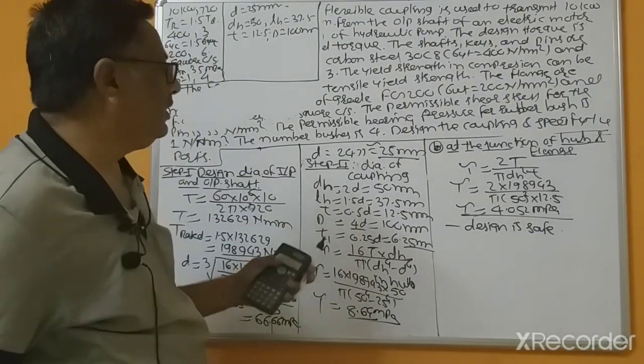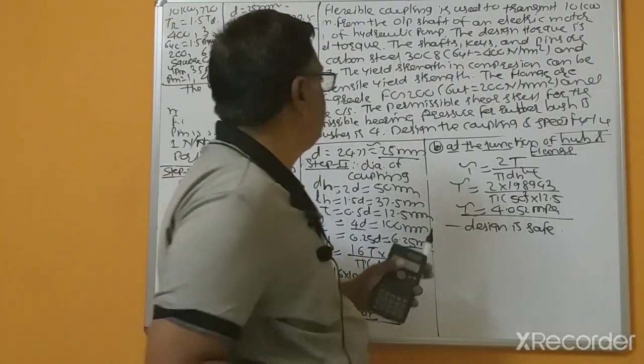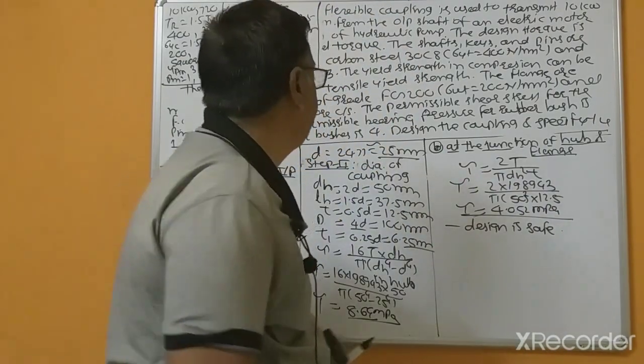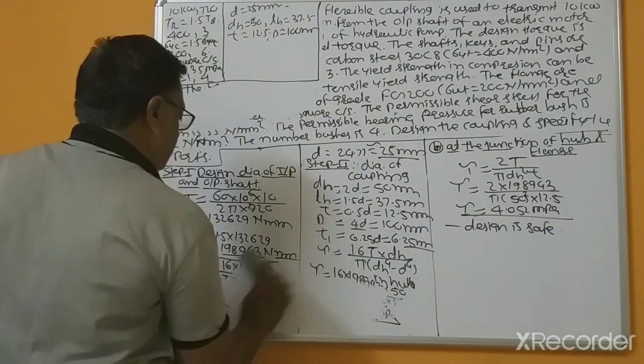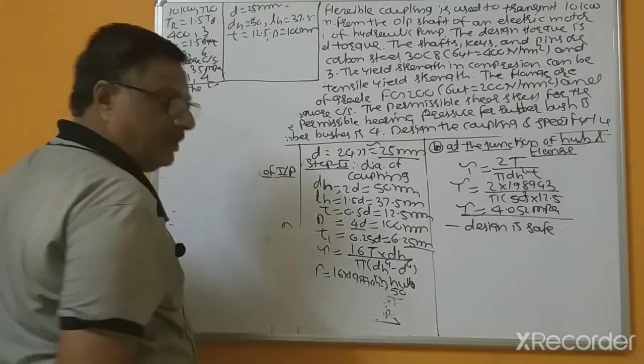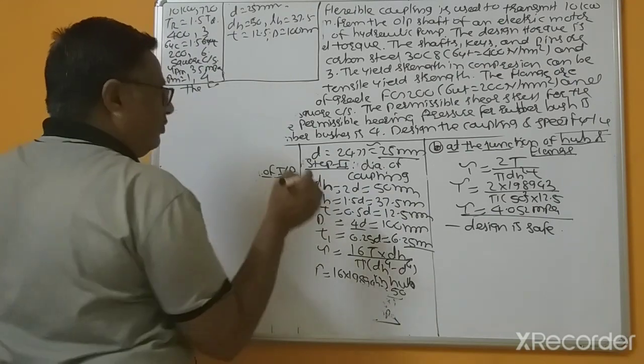Now I erase this because we require step third, step fourth, step fifth, sixth. Torque equal to, this torque is also important.